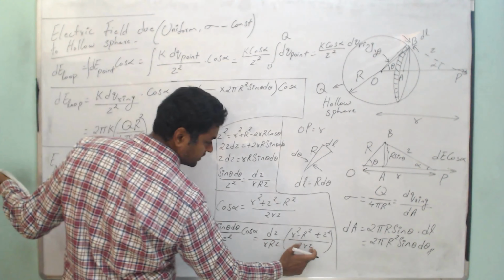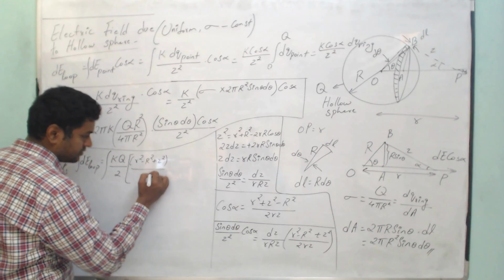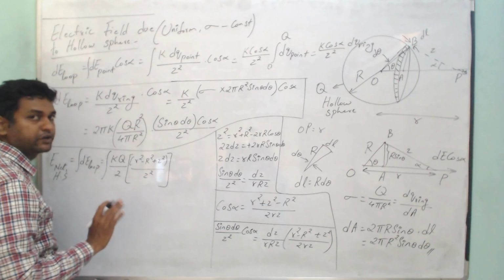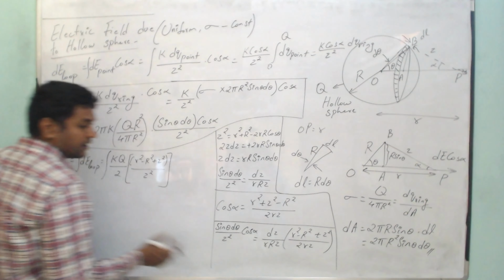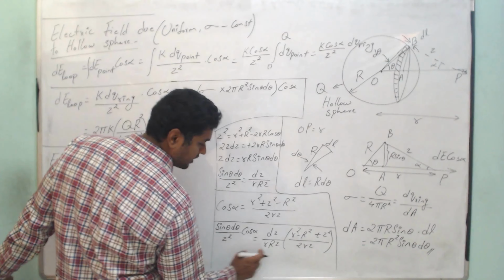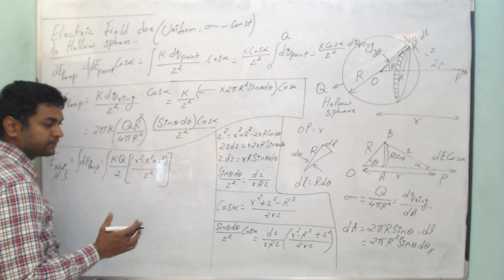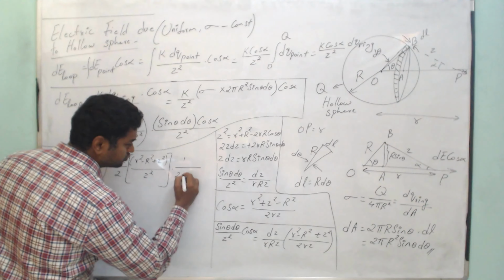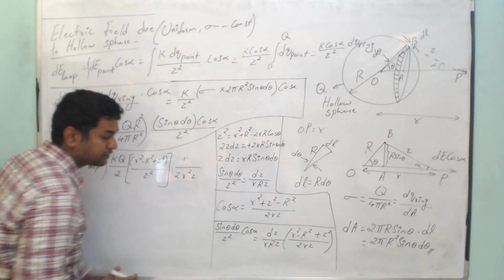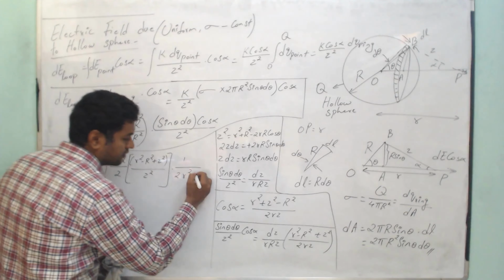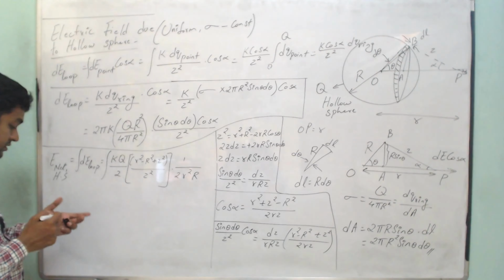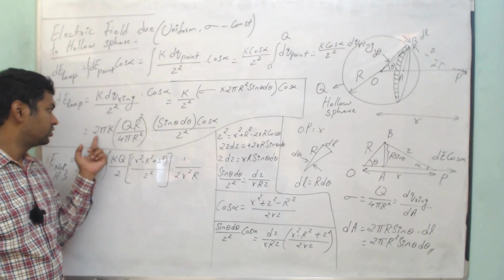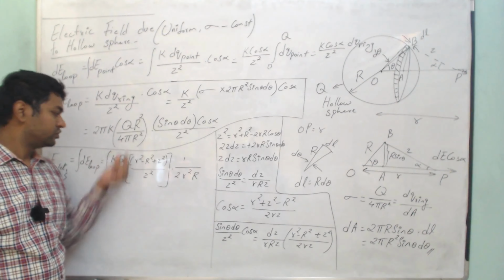Let me write it in a different way. I have z square in the denominator, and take common. z square I have in denominator. That is one part. And apart from that, I have 2 small r square into capital R in the denominator. And I am done. 1 by 2 small r square into capital R. K capital Q, remaining is only 2 in the denominator.